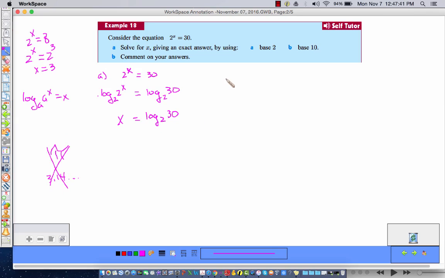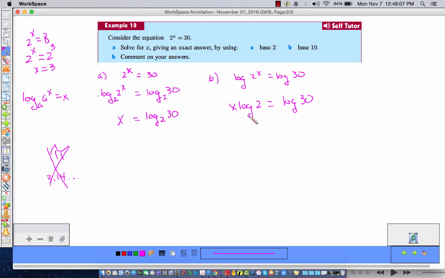And now we're going to do it with base 10. So I would have log of 2 to the x equals log of 30. And by laws of logarithms, the x can move out in front of the logarithm as a coefficient. Now remember, these logs are numbers. They're actual numbers.